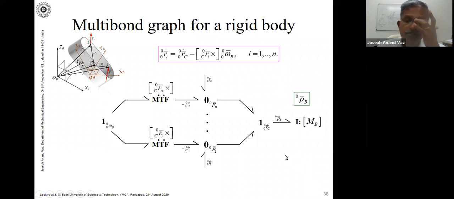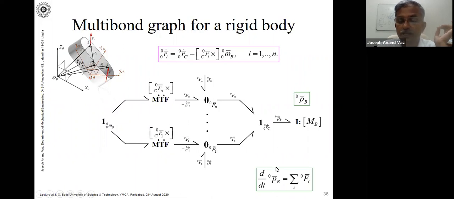And the rate of change of this momentum is taken by this I element, and it is caused by the summation of all these forces F1, F2 up to Fn. So the rate of change of linear momentum of the body is caused by the resultant of the forces acting on this rigid body.